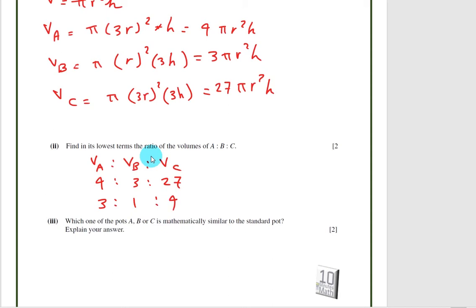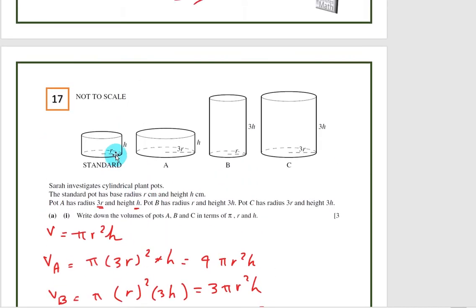Which one of the plots A, B and C is mathematically similar to the standard plot? Explain your answer. Standard cylinder, the radius is R and H. The second one is 3R, so R multiplied by 3, and H is the same H, so it's not similar.